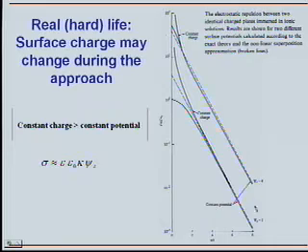Here you have the dimensionless surface charge. Dimensionless means that it is equal to 4 times kT over e. In terms of volts, this is 25 millivolts, and this is going to be 100 millivolts.